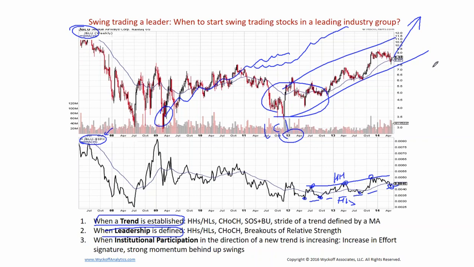And as it resumes, we're going to experience some kind of momentum move to the next possible consolidation within the structure of the longer-term trend. And therefore, this becomes a very opportune place and time for us to consider opening a position in the stock that is in the leading group but not necessarily outperforming at this particular time.